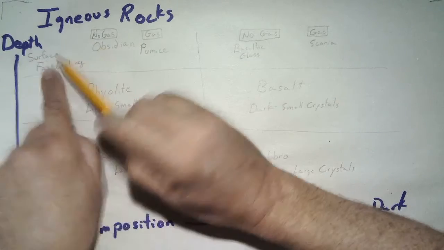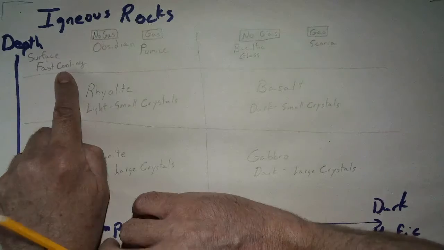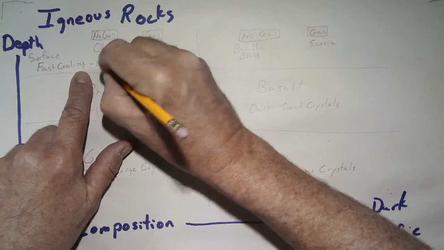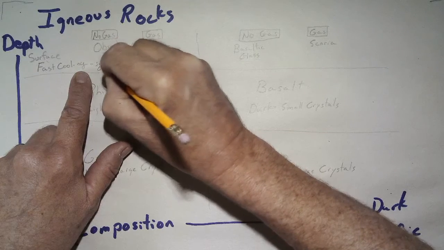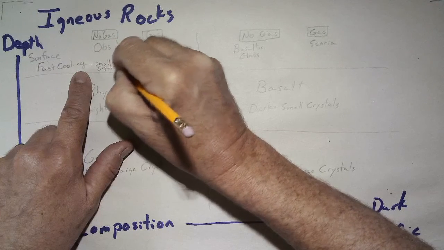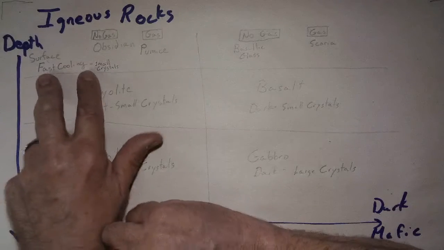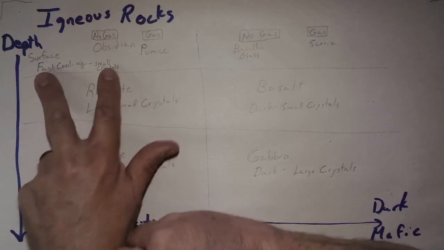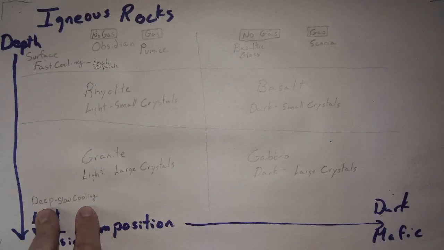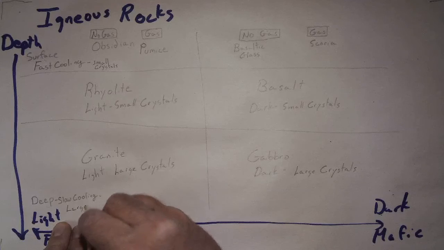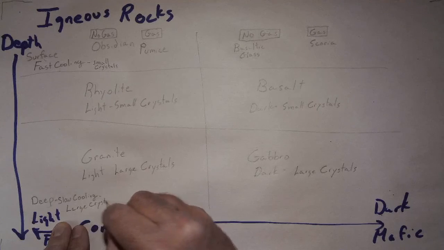Why do we care? Well, on the surface you have fast cooling. What does fast cooling do? Makes small crystals. In fact, if it cools so fast, it won't even have any crystals at all. So fast cooling makes small crystals, then slow cooling is going to make large crystals.